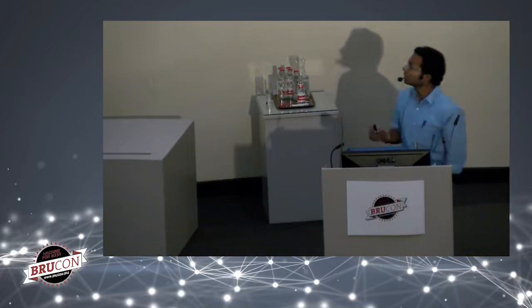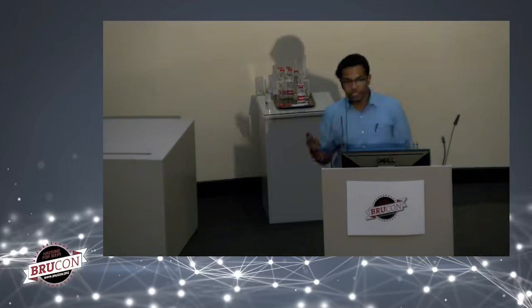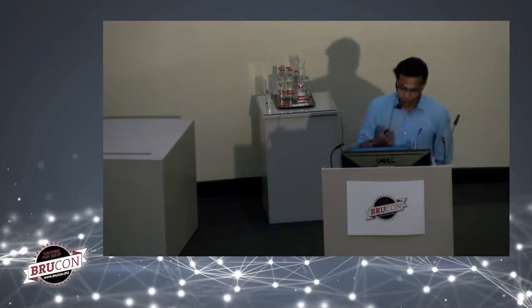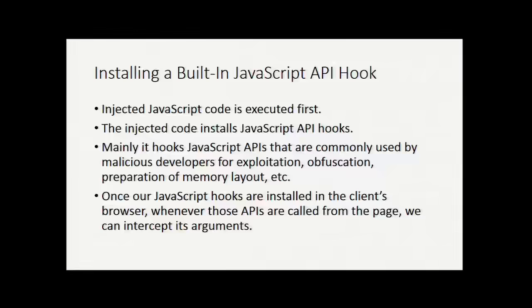Installing JavaScript built-in API hooks. As we have already discussed, the injected code is at the top of the page, so the injected JavaScript code is executed first. That is the hook installation code, basically. The injected code installs JavaScript API hooks.